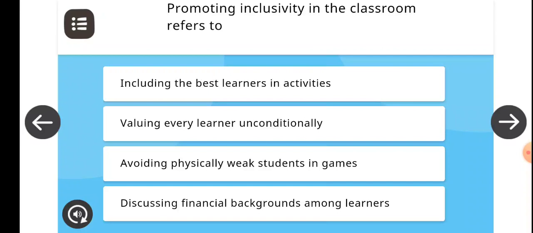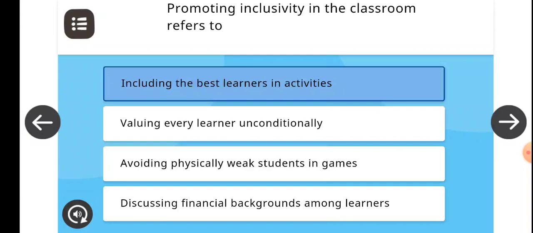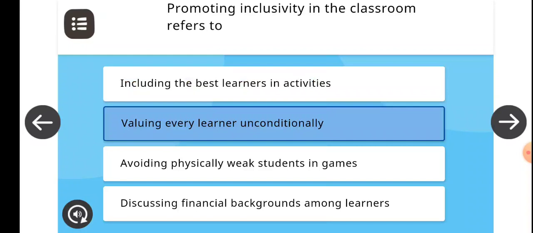Promoting inclusivity in the classroom refers to what? If you are supposed to promote inclusiveness, I mean including the students, it refers to what? Including the best learners in the activities. Do we include only the best learners? No. Valuing every learner unconditionally.